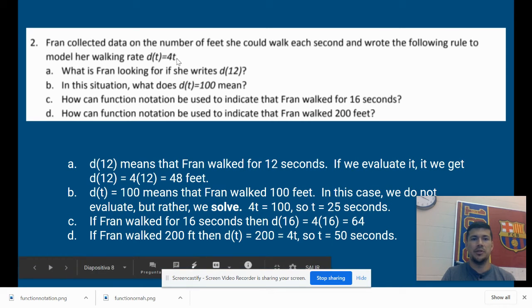For example, here my input is going to go in t. Outputs are the result after you have carried out your algebraic operations. The output is the result once you've used the input. So that is how you use functions in context.